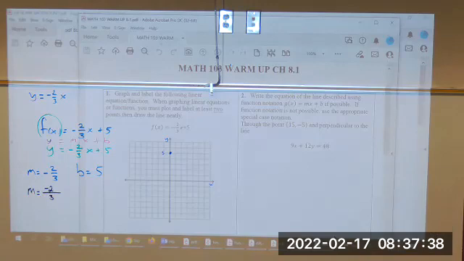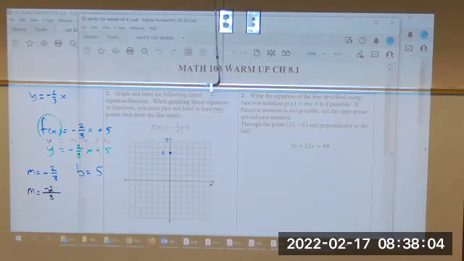It's rise over run, rise over run. So my numerator is either going to be a positive or a negative. So my first move is either going to go up or down. But my second move, the run, since I'm going to keep my denominator always positive, my run is always going to go to the right. Always to the right, because I'm keeping the denominator positive.